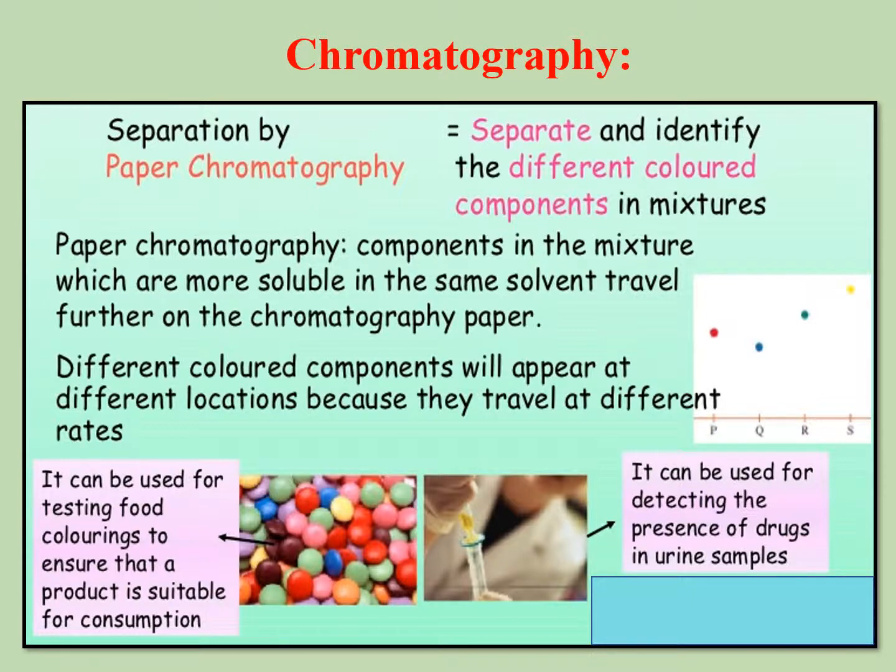In paper chromatography, components in the mixture which are more soluble in the solvent travel further on the chromatography paper. Different colored components will appear at different locations because they travel at different rates. It can be used for testing food colorings to ensure that a product is suitable for consumption. It can be used for detecting the presence of drugs in urine samples.